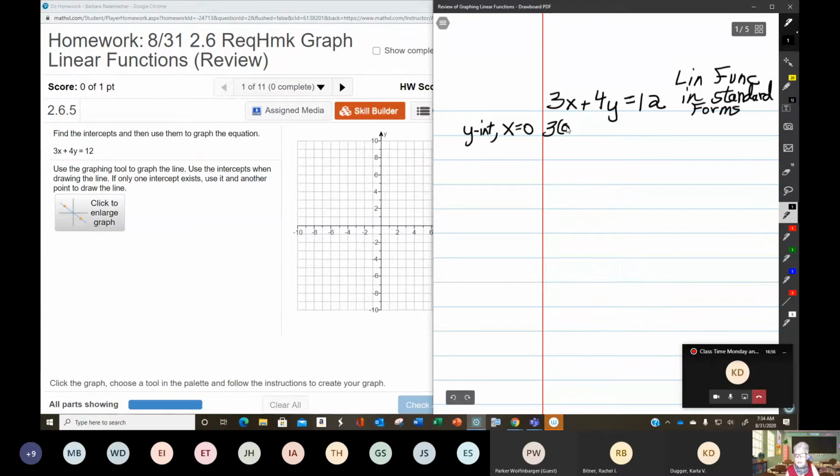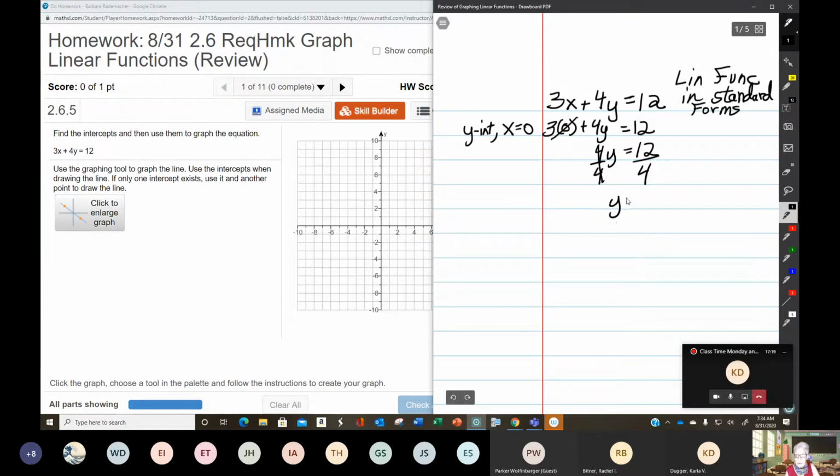That'll be 3 times 0 plus 4y equals 12. Well, 3 times 0 is 0. So 4y equals 12. Divide both sides by 4 so that I get y by itself.